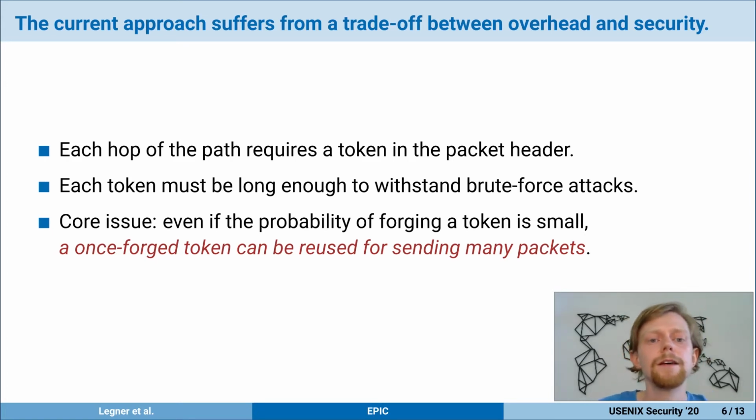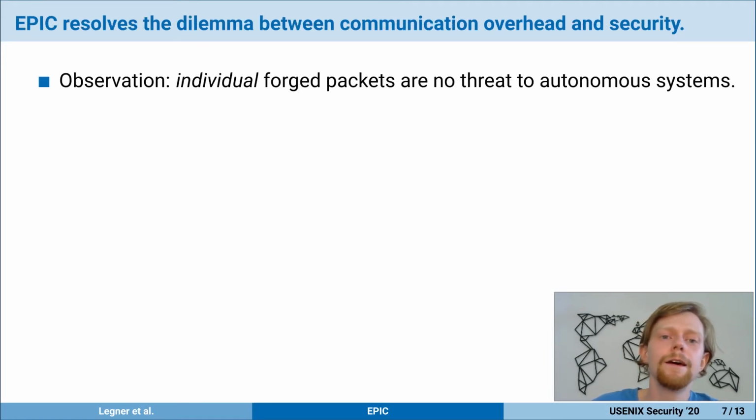And this brings us to the core insight and contribution of this paper. EPIC makes the observation that for autonomous systems, individual forged packets are generally not a threat. Path authorization protects economic interests of ASs, but there, a single packet that traverses an unauthorized link is not really an issue.